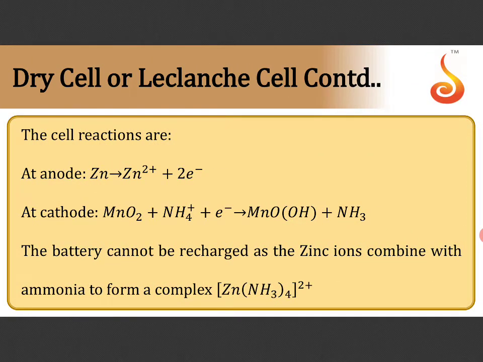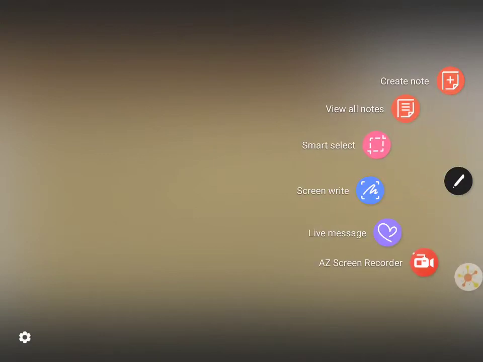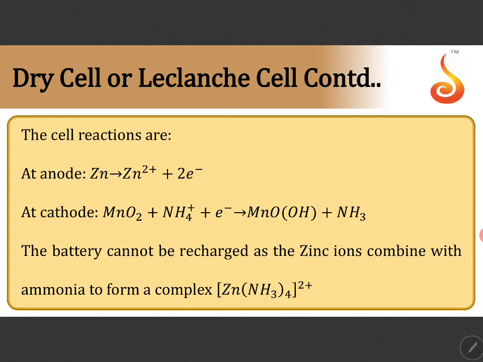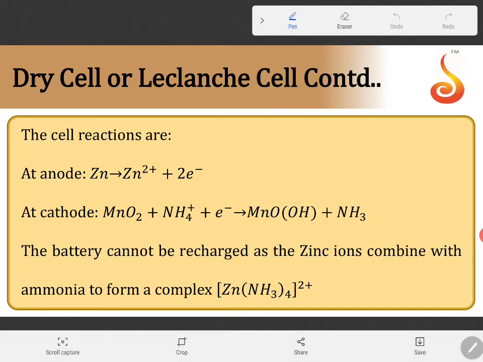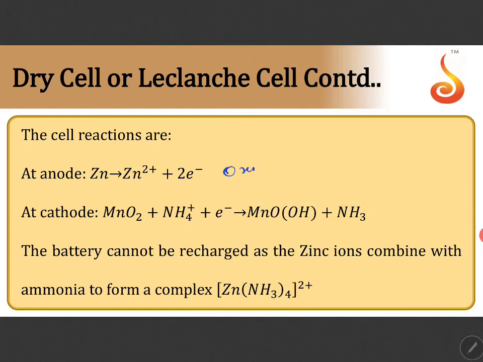So this is the reaction related to anode. At anode what takes place? Oxidation will take place. Okay. So I am going to add something here for you. Oxidation takes place at anode. We need to understand this.